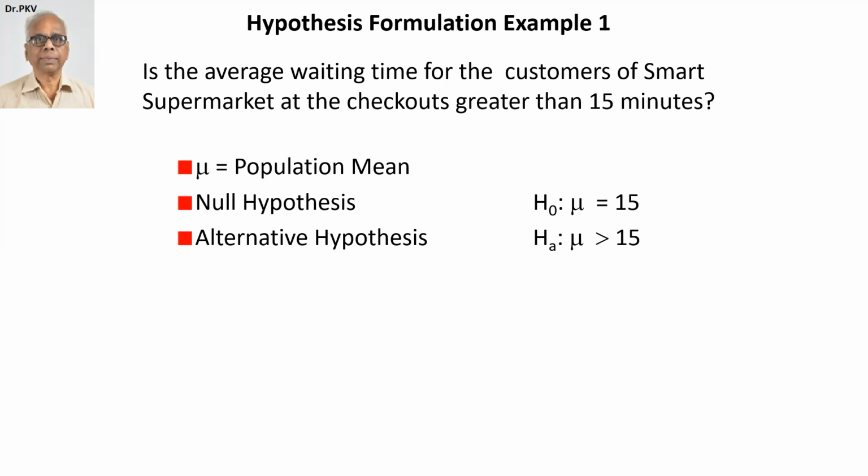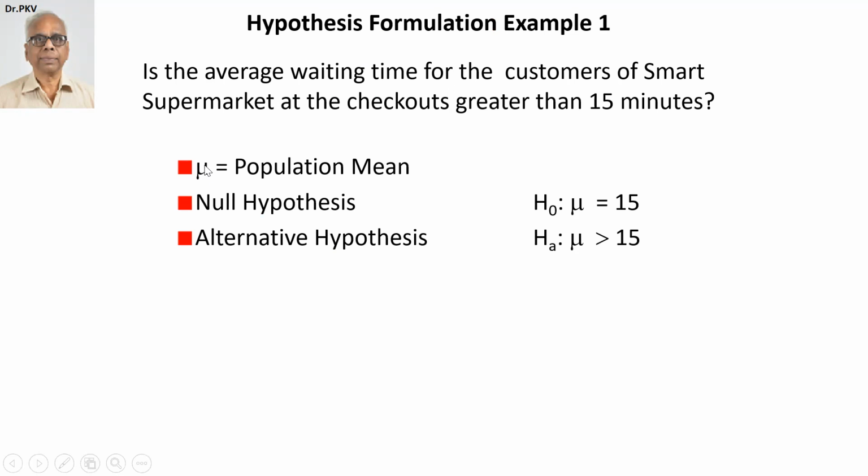This is the problem question framed, and we define the null and the alternative hypothesis. Remember, the hypothesis is a statement about the population parameter. In this case, it happens to be the population mean. So we must keep in mind that we are trying to infer about the population based on sample, of course.